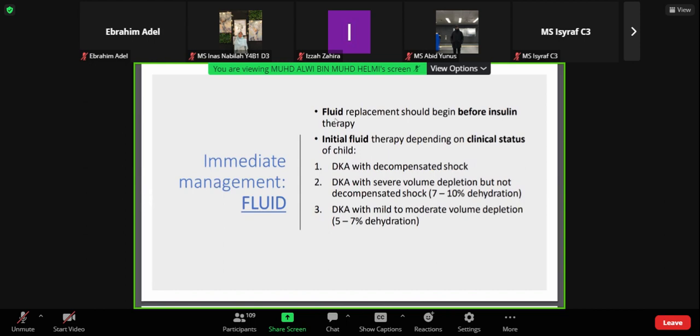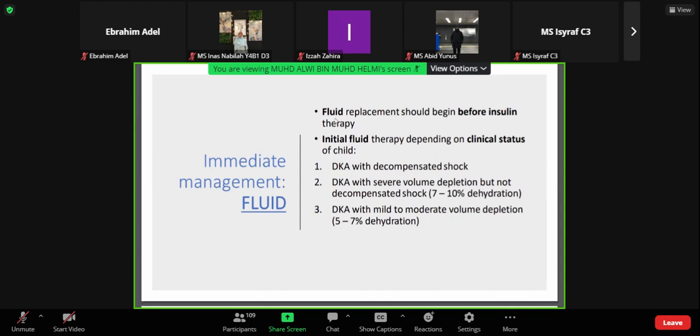Remember, start fluid replacement before insulin. Fluid replacement before insulin. In HHS, you need more fluid than in DKA. Remember that. So in DKA, usually in assessment of dehydration, you are more lenient, you are more stingy with your fluid compared to HHS.